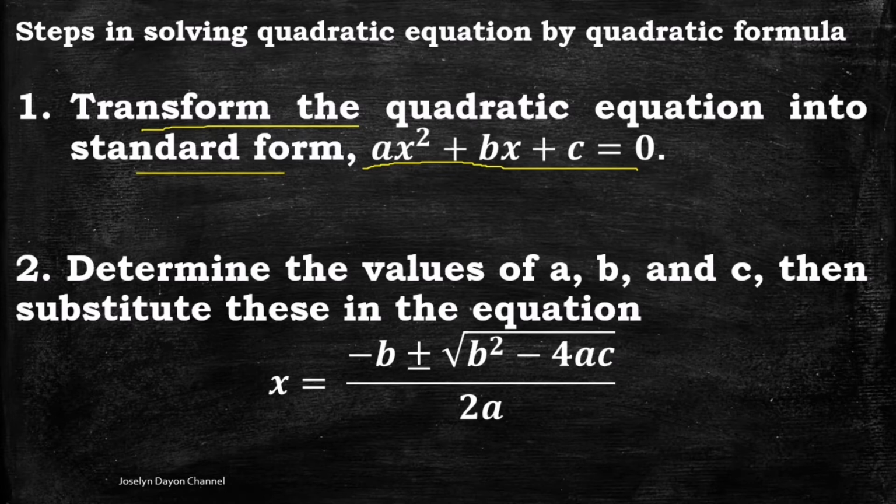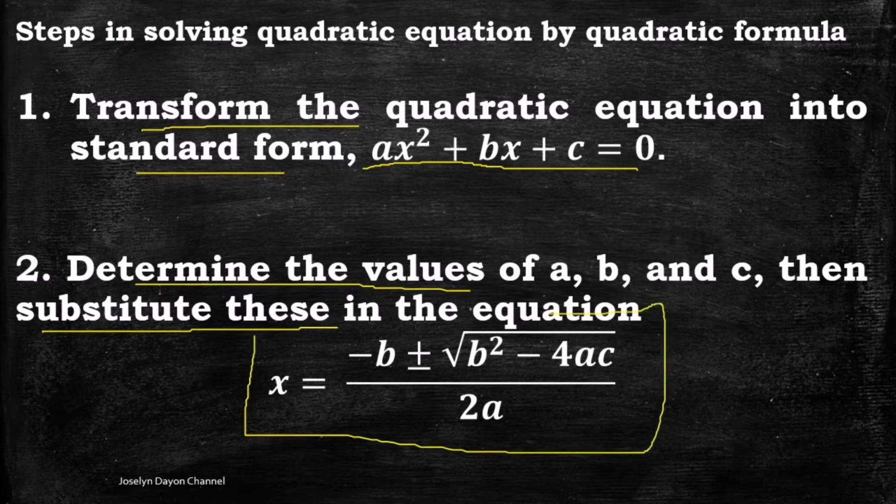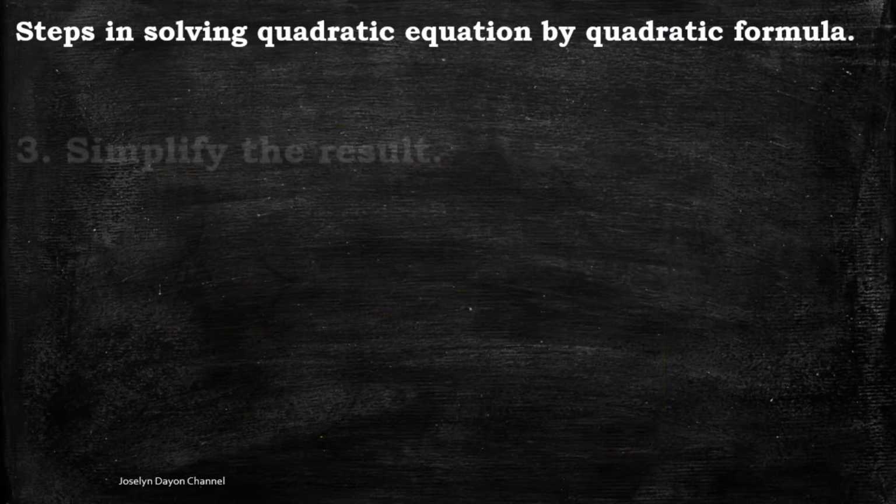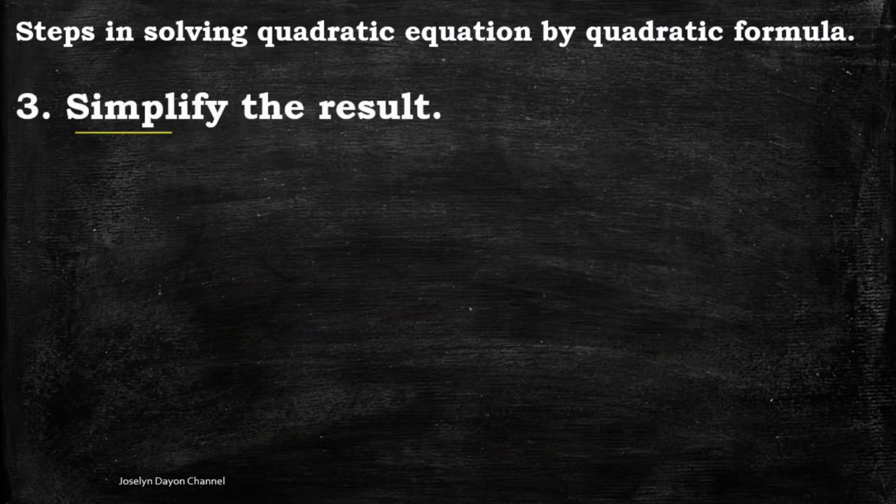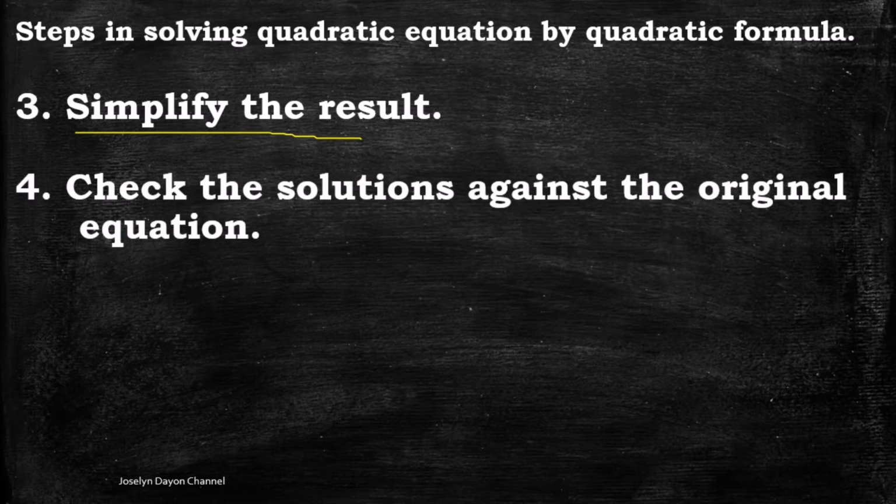Second, determine the values of a, b, and c, then substitute these values in the equation x equals negative b plus or minus square root of b squared minus 4ac all over 2a. Third, simplify the result. Last, check the solutions against the original equation.